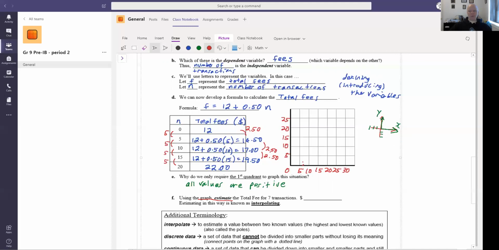And then you're going to go up to the line, wherever the line is. And then once you hit the line, you're going to come across, and then you're going to see what that value is. Now, I think, well, obviously I've gone too far.